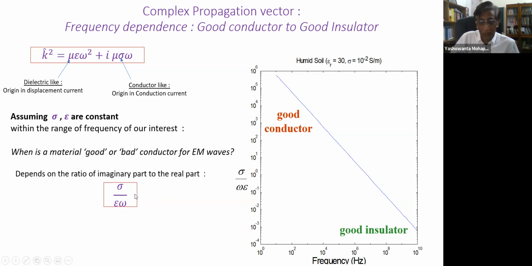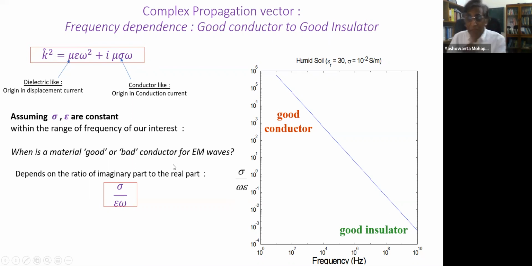And the frequency is also over 10 orders of magnitude, 1 to 10 to the power 10. In this range sigma dominates, and hence it's a good conductor. As omega increases, this ratio becomes low, and the material becomes a good insulator. There's hardly any conduction, because this quantity loses out, so it behaves more like a dielectric.